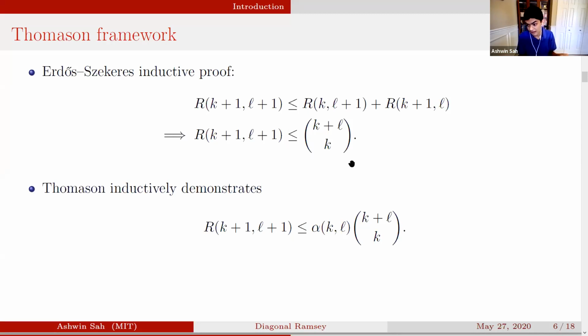And that'll give the win. In Thomason's case, he wants to take it to be around 1 over root k when k and L are approximately the same size. Throughout some of the arguments that follow, we're using implicit induction. If we're talking about the Ramsey problem for k+1 and L+1, we're implicitly assuming that for smaller values, we already have this bound.